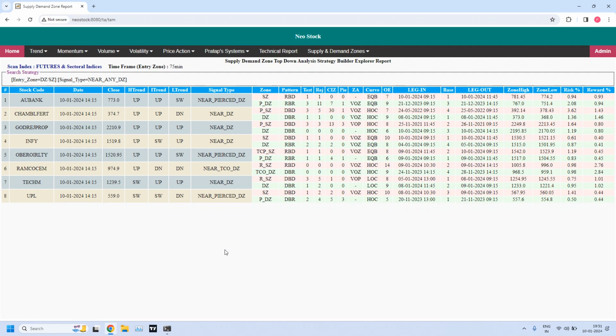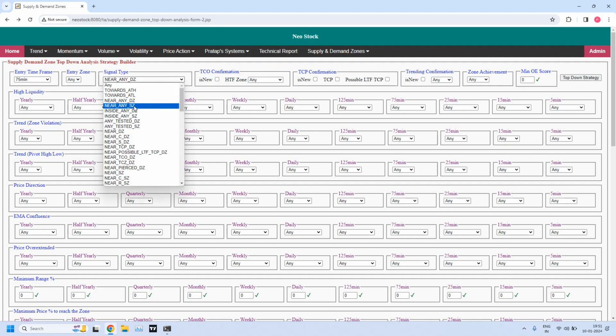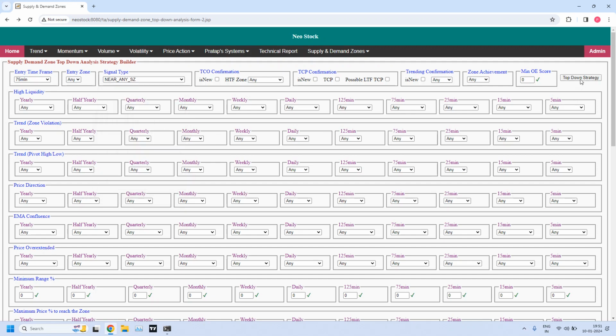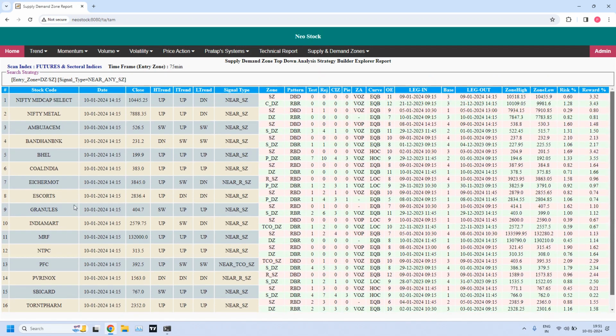So we did not find any high liquidity demand zones on 75 minutes time frame. So let's go back. For 75 minutes time frame, let us find the stocks near 75 minutes supply zone. 17 stocks are filtered.